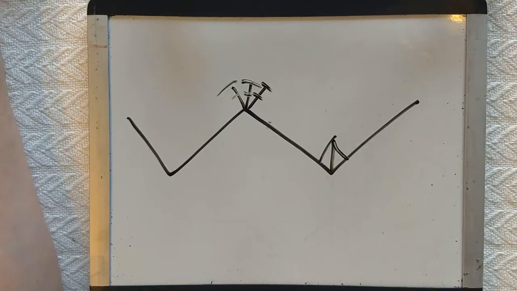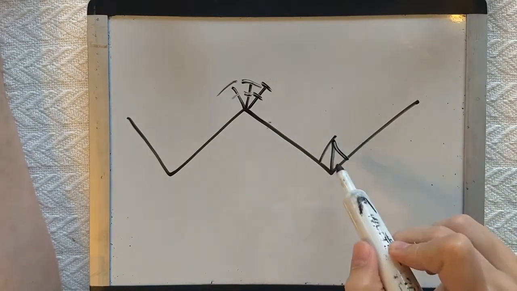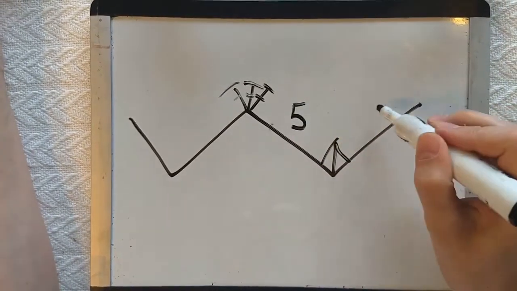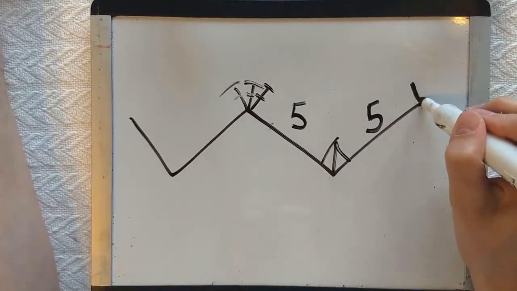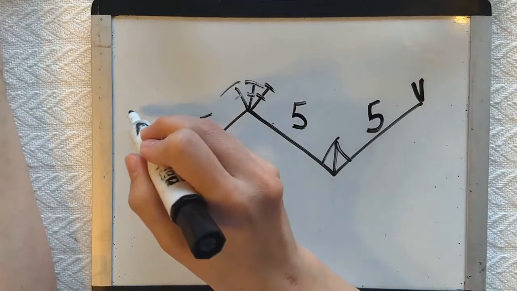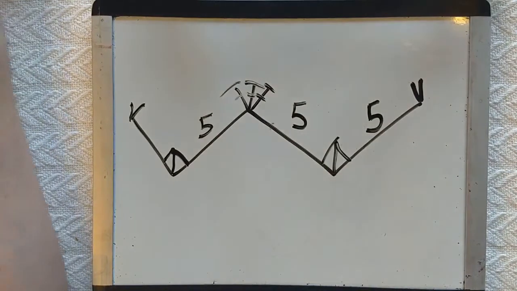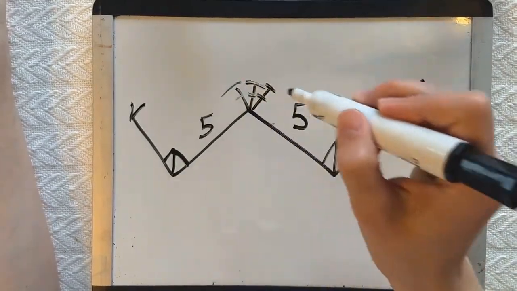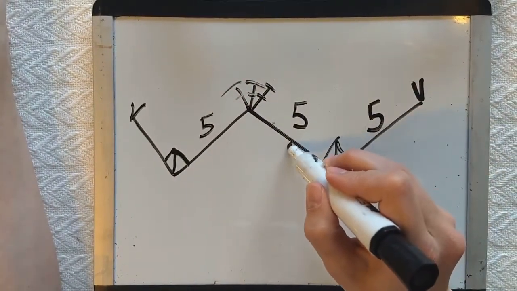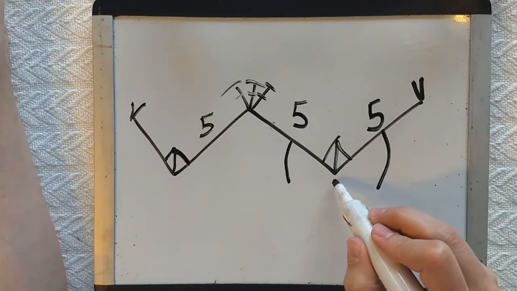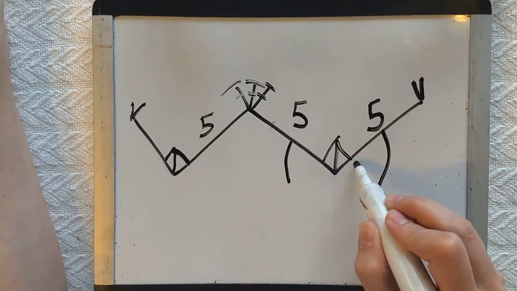So you can decide how many stitches you want in between each peak and valley. Let's say I want to do 5 stitches in between each peak and valley, right? Seems like it'll make a nice blanket. So if I'm calculating how many stitches I need, I'm going to take this number plus this number, so really it's just this number times 2, and this 1, 2, 3 stitches, right?